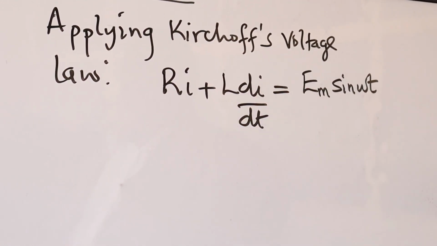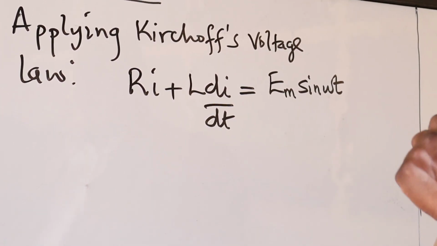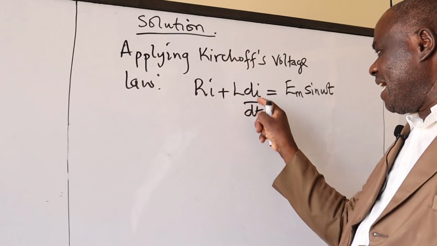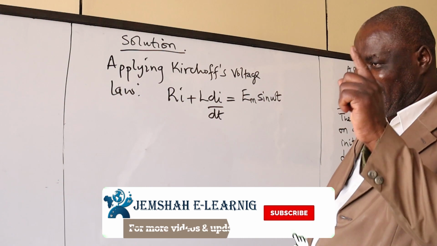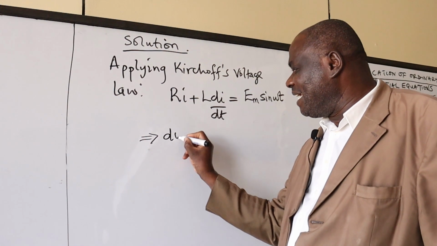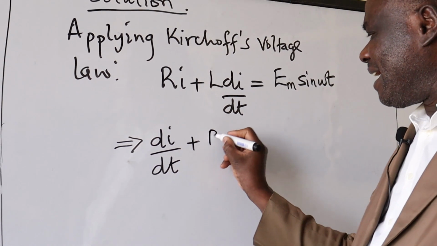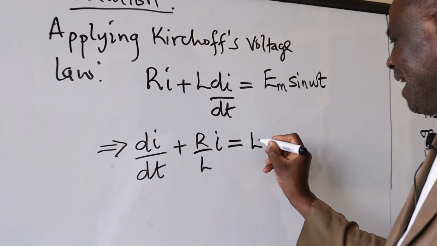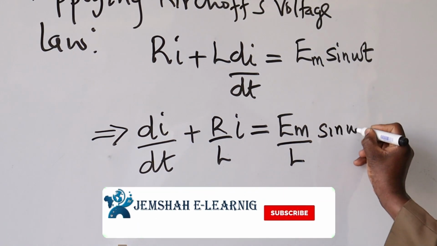Now, from this particular expression, this seems to be a first order differential equation. We want the coefficient of di/dt to be equal to 1, so we divide through by L. Dividing through by L, this implies di/dt plus (R/L)i is equal to (Em/L) sine omega t.